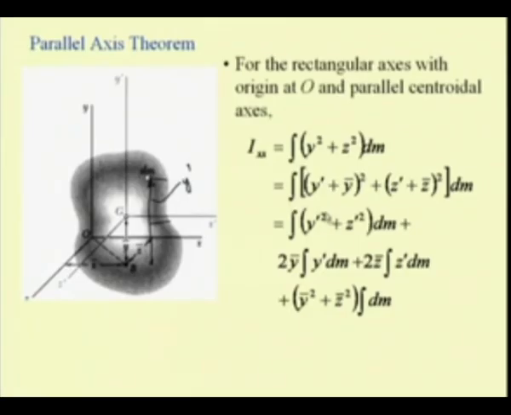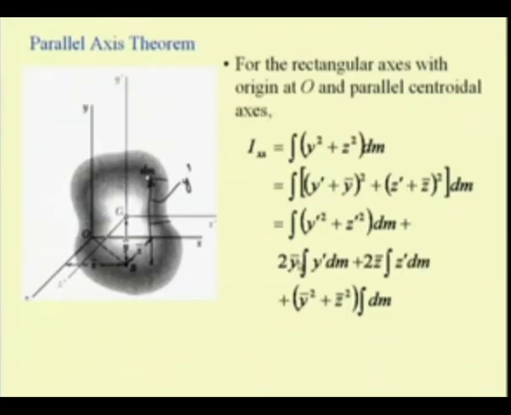So, integral y prime square plus z prime square dm, plus the two quantities, that is 2 y bar integral y prime dm when we expand this, and 2 z bar integral z prime dm.